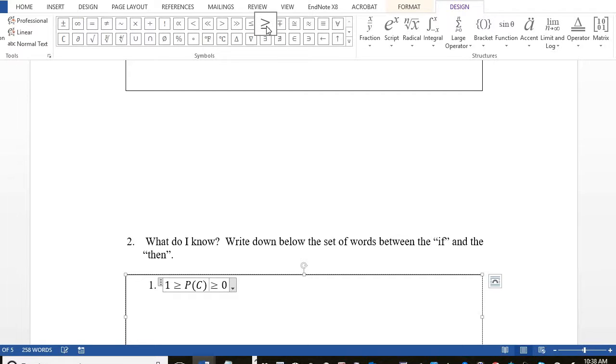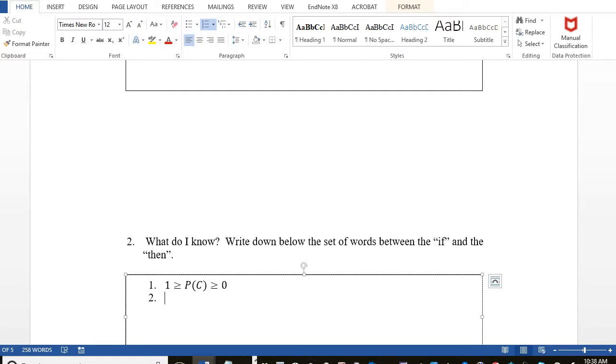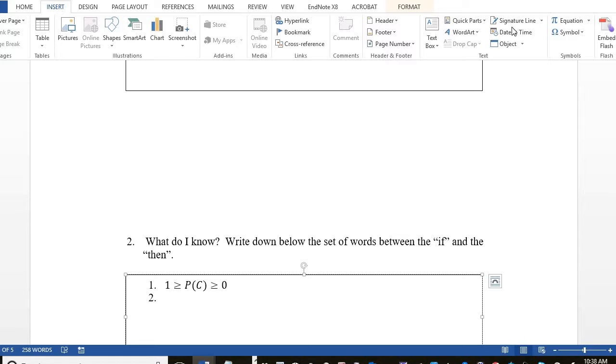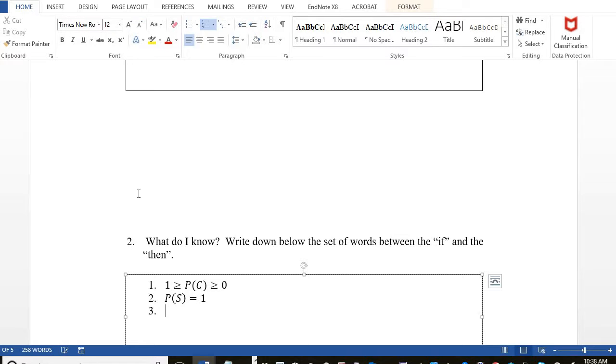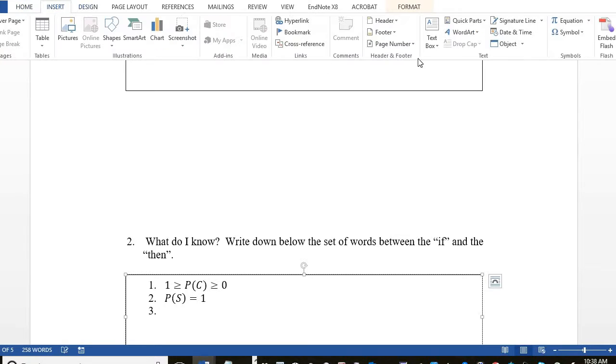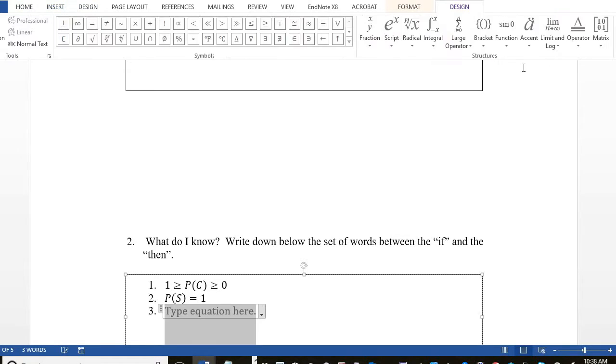I'm not going to use the same letters, because if I use the same letters, it's incest. And then I have that other property, that the probability of the whole space is 1. I might need that. We used it yesterday, actually. And the one that I use the most, though, is this one. I don't write the infinite sum version. I write the little baby version.